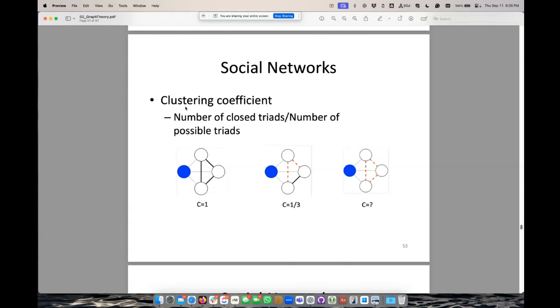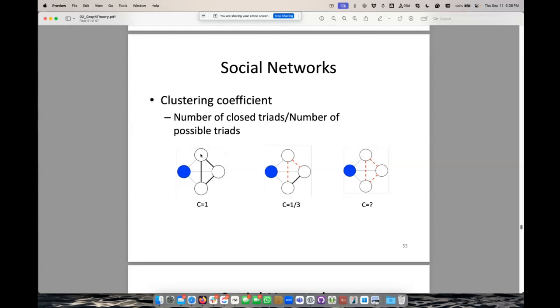So there is a concept called clustering coefficient that measures how clustered your network is, meaning how well your followers or your friends know each other or are connected with each other. And the way to measure that is you look at the number of closed triads and the ratio with the number of possible triads. If you look at the three networks on the slide, the blue node on the left has three friends.